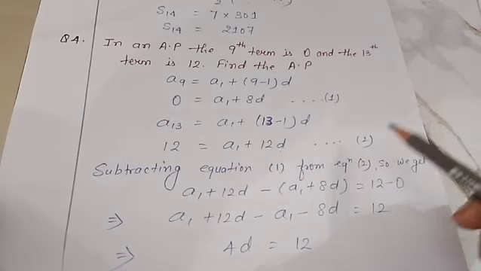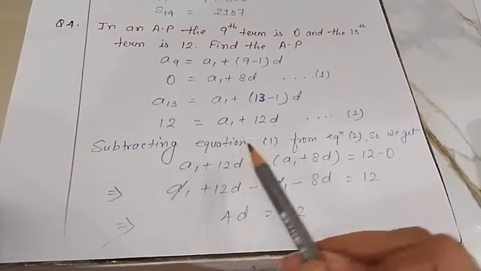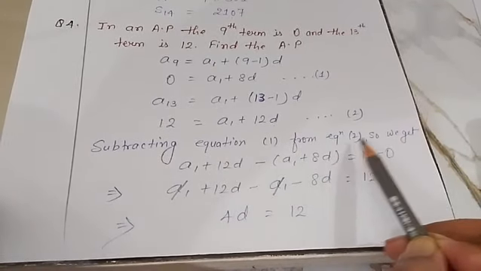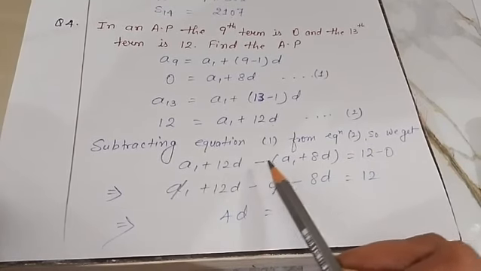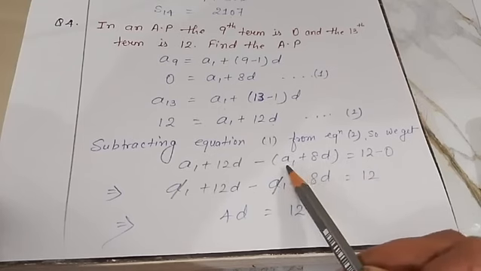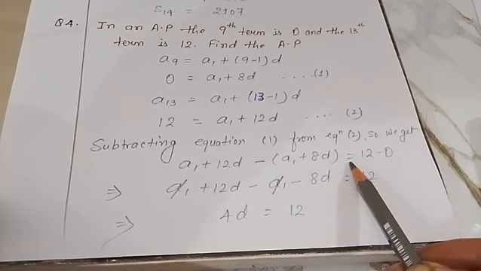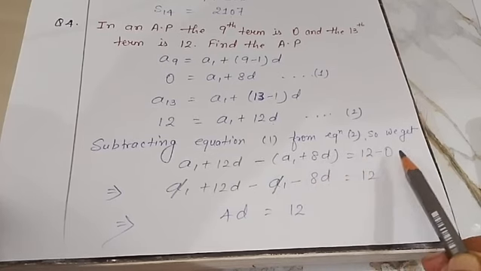Subtracting equation 1 from equation 2, we get (a1 plus 12d) minus (a1 plus 8d) is equal to 12 minus 0.